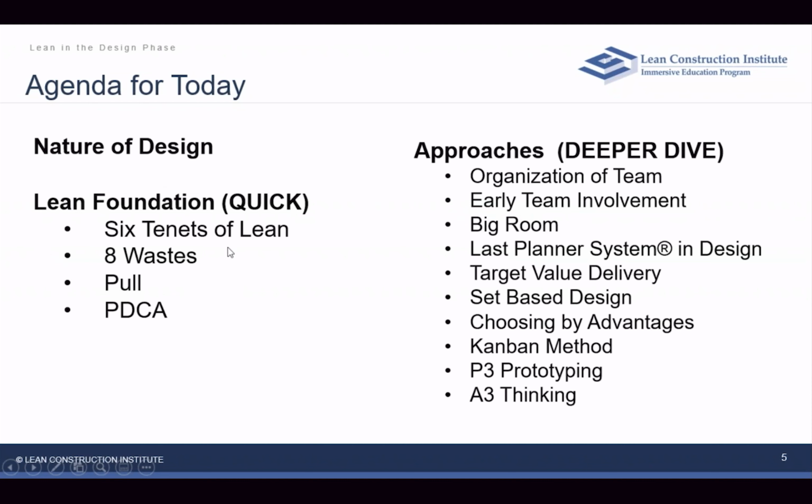There are other courses for this, but where we're going to spend our deeper dive is on areas of approaches. So looking at things like organization of teams, the early team involvement. We've got big room that we're going to cover. We're going to focus on Last Planner System and design, target value delivery, set-based design, choosing by advantages, Kanban method, P3 prototyping, and A3 thinking. So this is where I intend to spend a majority of the time today.